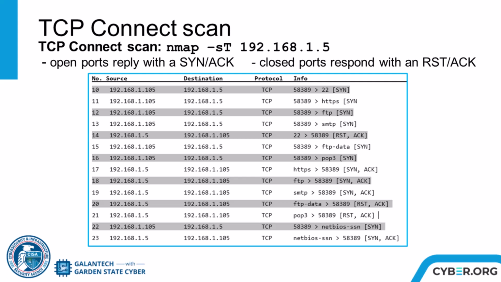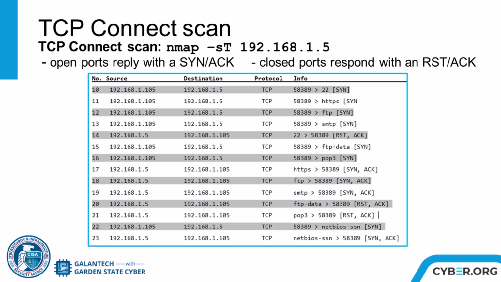Which 4 ports are open, and how do we know? We see a reply from open ports that have the SYN-ACK reply, so we know that the following ports are open: HTTPS from row number 17, FTP from row 18, SMTP from row 19, and NetBIOS SSN from row 23.